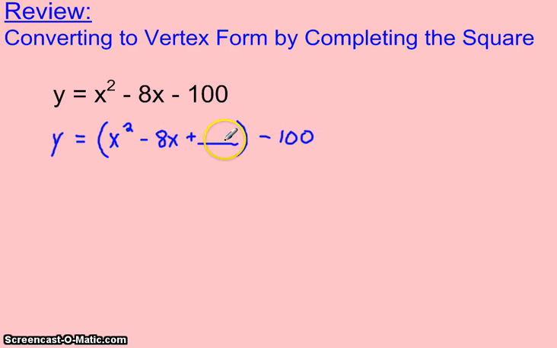But since we're adding something to balance this out, we have to subtract that same number back from it. So remember how we do this. We look at the b value here. It's a negative 8. Negative 8 divided by 2 gives me negative 4, and then we square that negative 4 and we get 16.